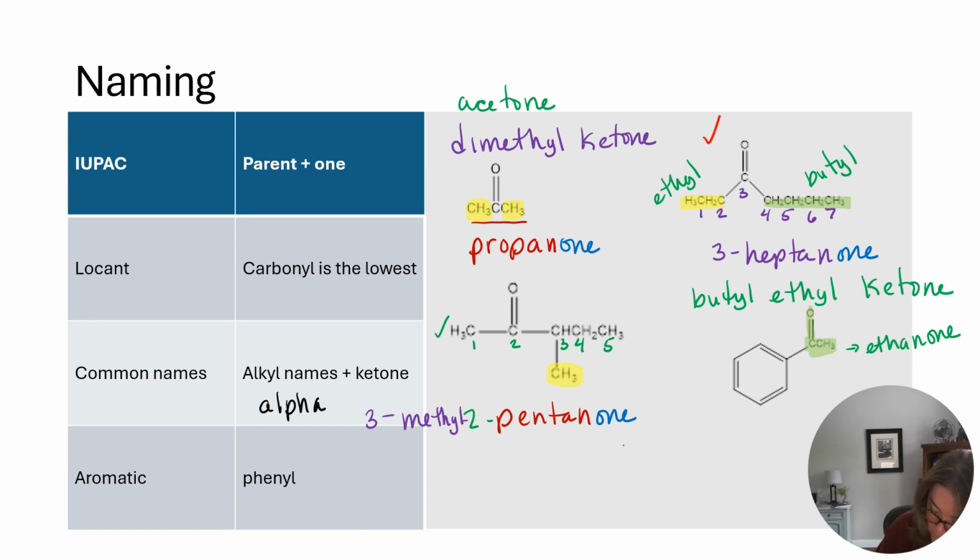So the name for this guy is going to be, and I have to write this down here, a 1-phenyl ethanone. If I were to do this based on common naming, I would have my phenol, and I have a methyl group.